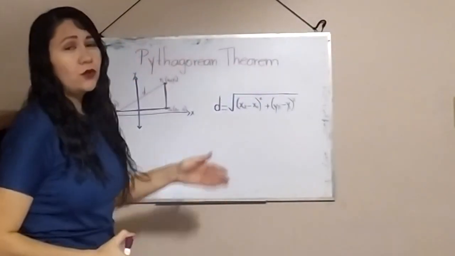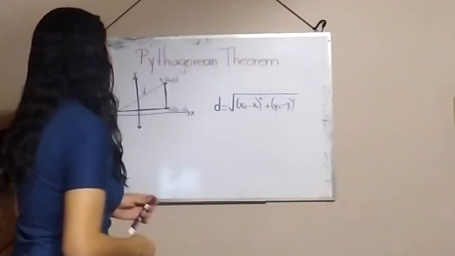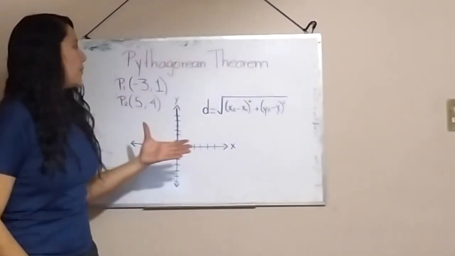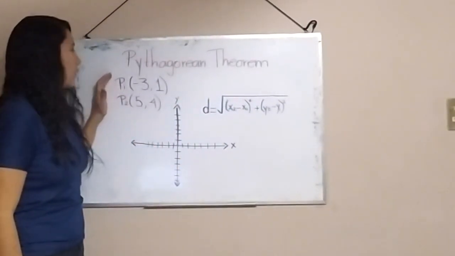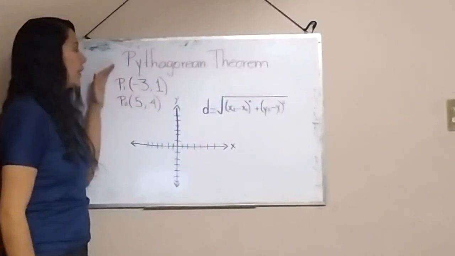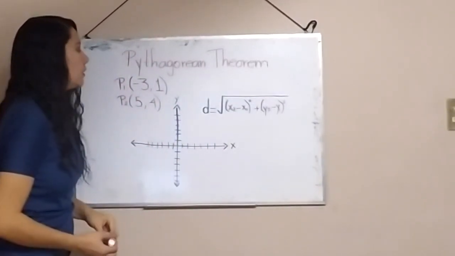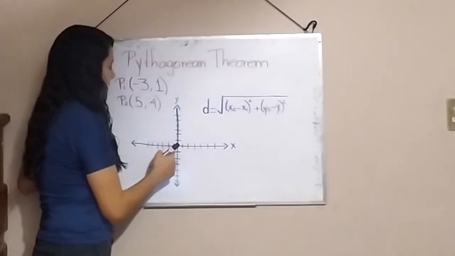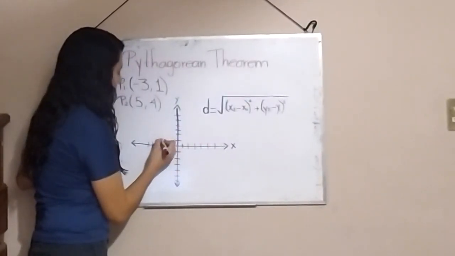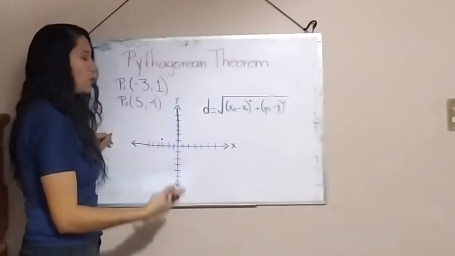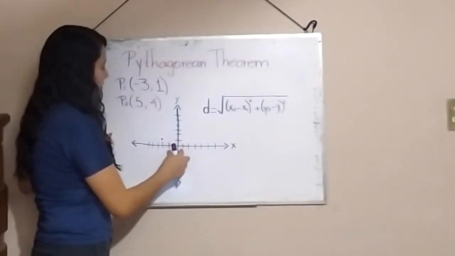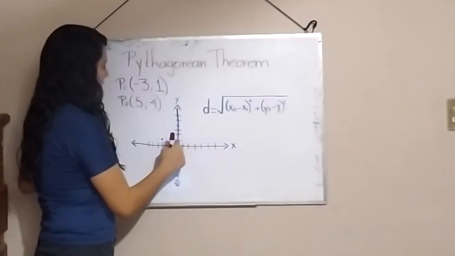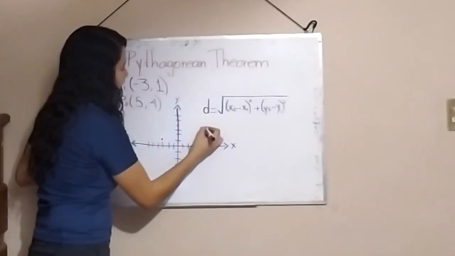Using the Pythagorean theorem, we get this formula. Now, in order to prove this formula, we are going to do an exercise. If we want to find the distance between point 1, which is at (-3, 1), and point 2, which is (5, 4), first we are going to place them in our Cartesian plane. Point 1 is at -3 in x and 1 in y. And our point 2 is at 5 in x, 1, 2, 3, 4, 5, and 4 in y, which would be here.